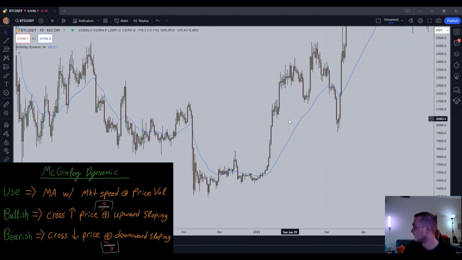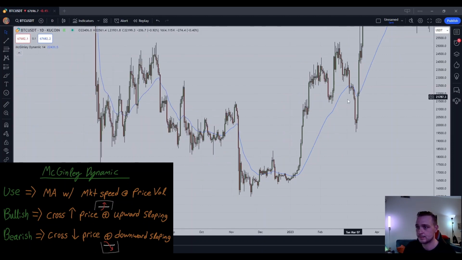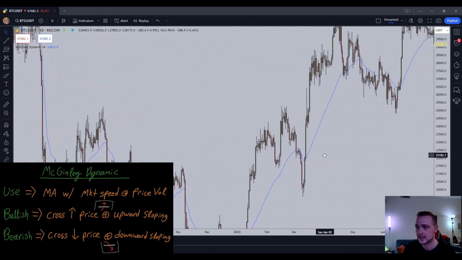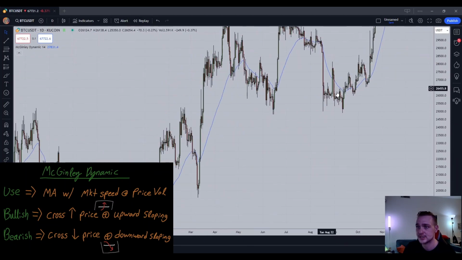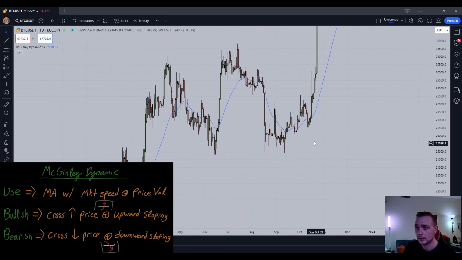That's what a bullish McGinley dynamic looks like, and it keeps on going up. It has some minor retracements here and there, but overall it's upward sloping, and the line is staying underneath the price action.